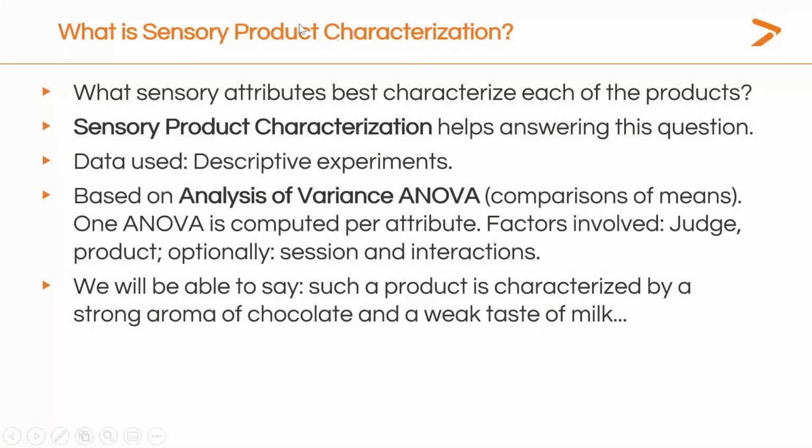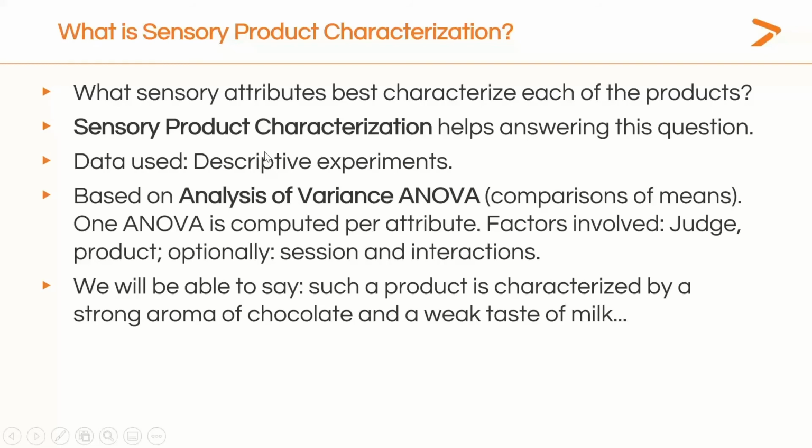So what is sensory product characterization? We can ask what sensory attributes best characterize each of the products, and this method would help us answer this question. The data we use are data from descriptive experiments, which we also call sensory profiling experiments.